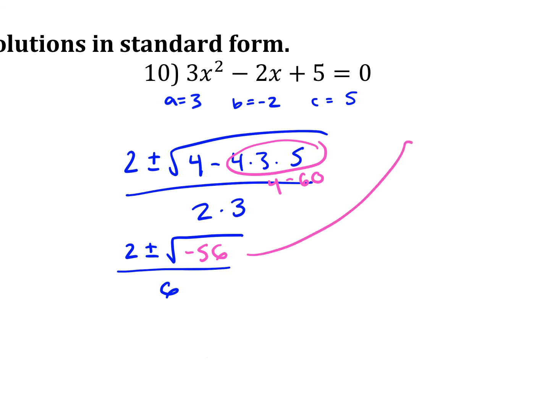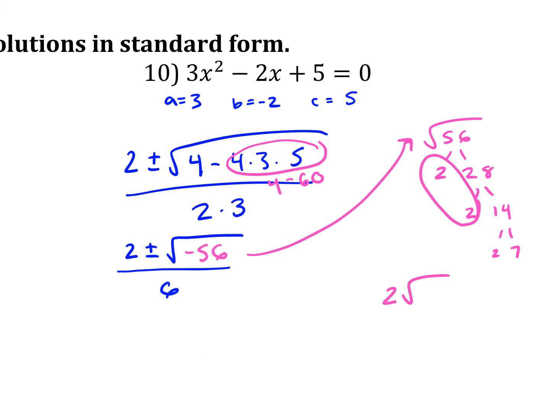Can I break down the square root of 56? 2 goes into 56 how many times? 28. 2 goes into 28 14 times. And then 2 and 7 go into 14. So do I have any pairs? Yep, I got a pair of 2s that I could take out.